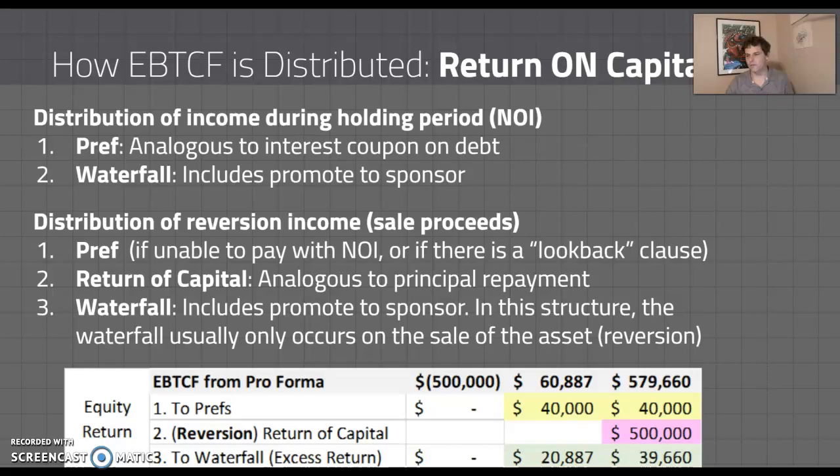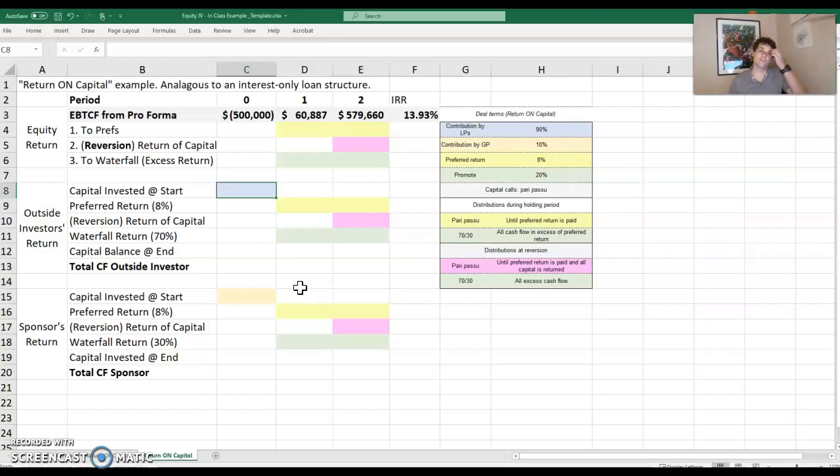So we're going to open up Excel into our template. You will have a template on your course materials. And we're going to go period by period and use the rules here of a return on capital to pay cash to each party in the equity investment. We start in period 0.